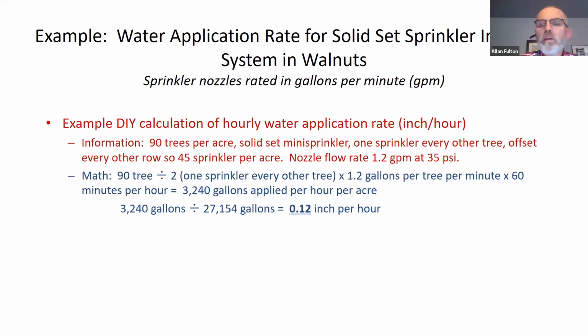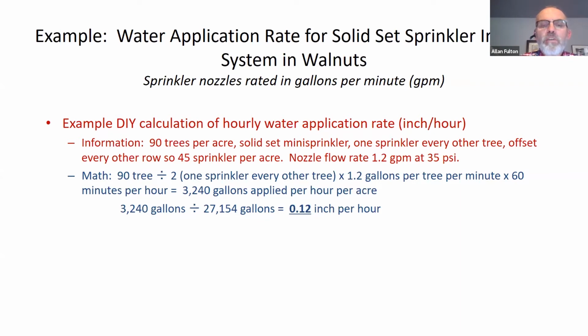And then you multiply by 60 minutes per hour to get to the gallons of water applied per hour on a per acre basis. So you crunch the numbers with a hand calculator or calculator on your computer. You should come up with a number of 3,240 gallons of water applied per acre per hour with this system.